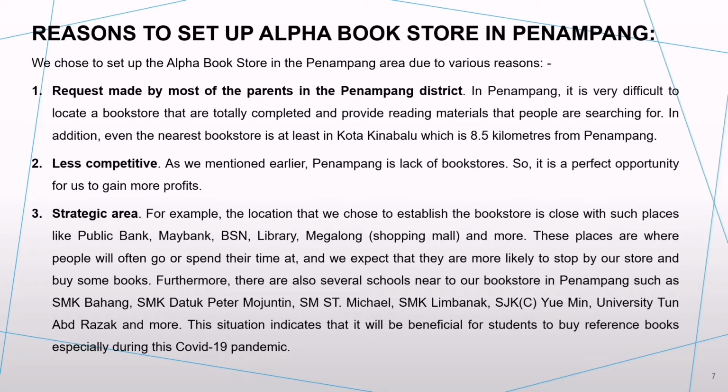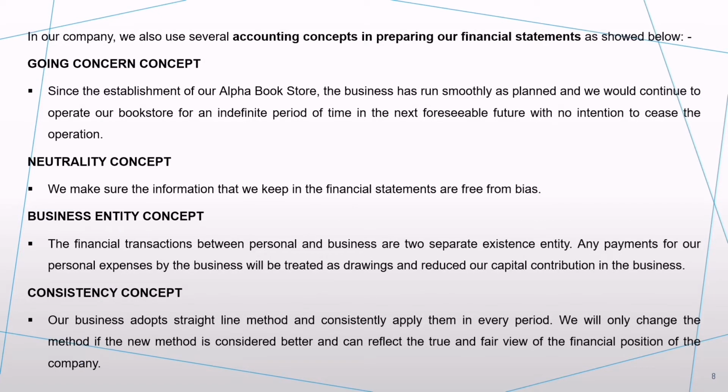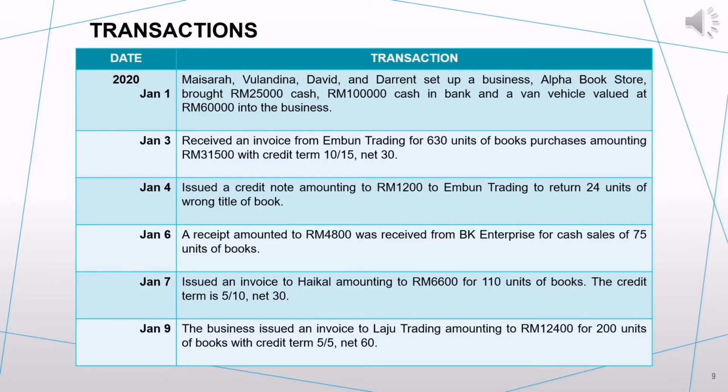Third is strategic area. We also use several accounting concepts in preparing our financial statements, such as going concern concept, neutrality concept, business entity concept, consistency concept, and more. These are the transactions that occur during the first months of Alpha Bookstore operation.